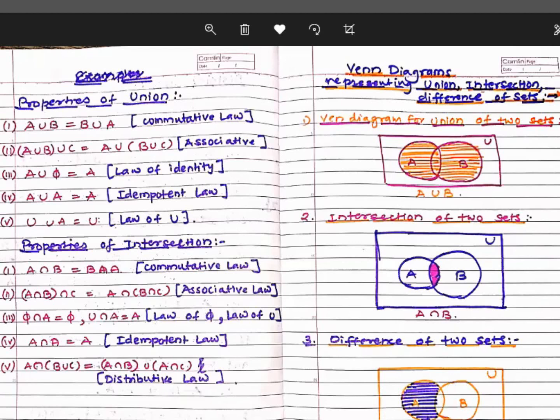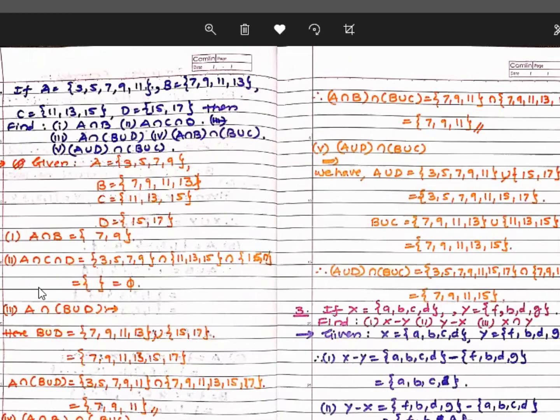So A minus B will be the set of elements which are present in A but not in B. This Venn diagram represents A minus B. Similarly, if you want to show B minus A, only the part of B will be there, except the common region among A and B, which should also be excluded. So that gives us the difference of two sets using Venn diagram for all concepts.